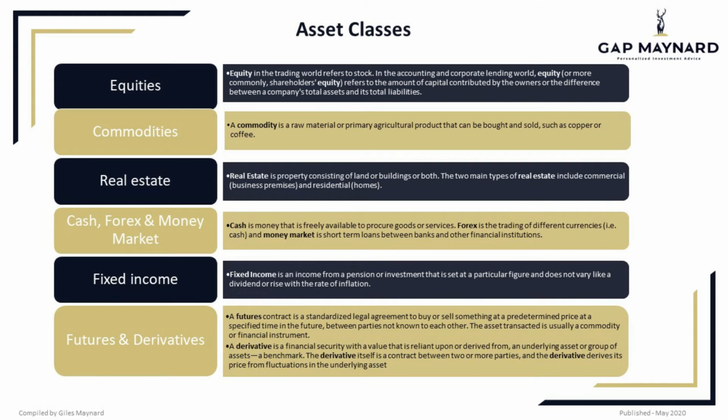A derivative is also quite complex, but a derivative is a financial security with a value that is reliant upon or derived from an underlying asset or group of assets, which they call the benchmark. The derivative itself is a contract between two or more parties, and the derivative derives its price from fluctuations in the underlying assets.